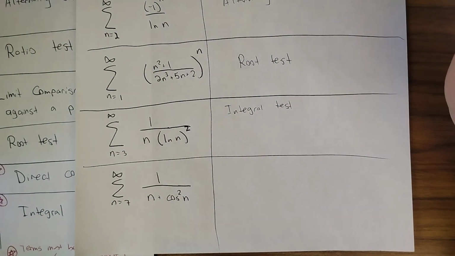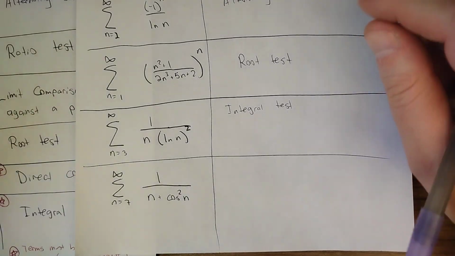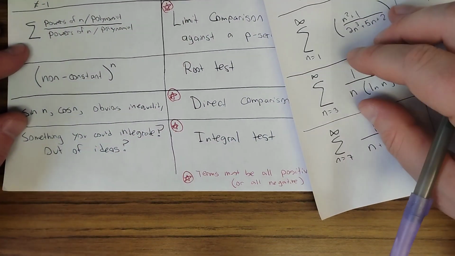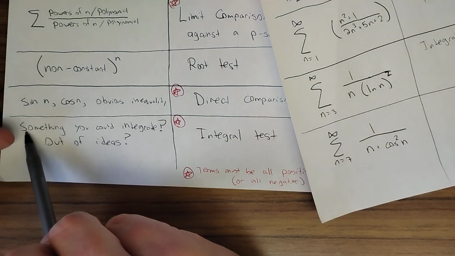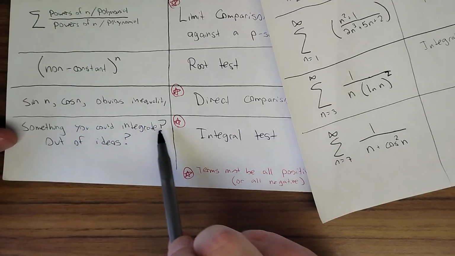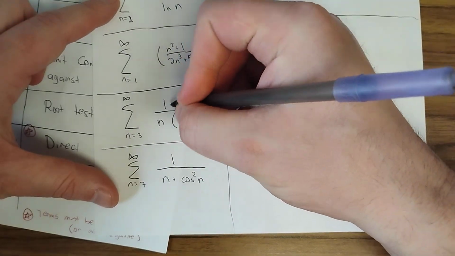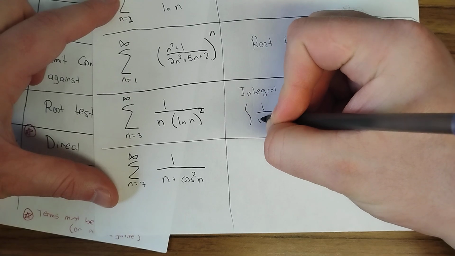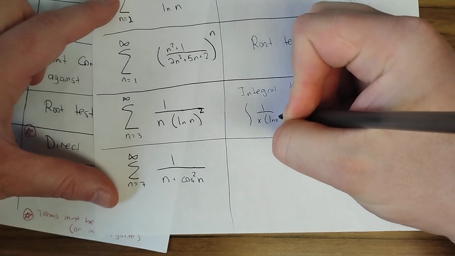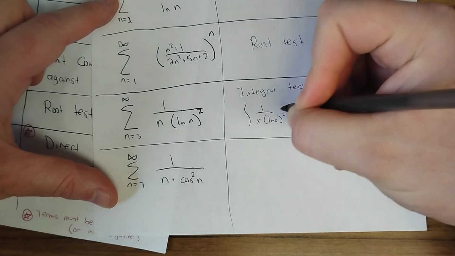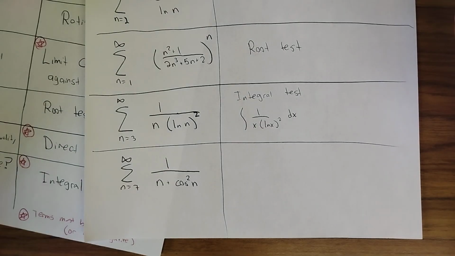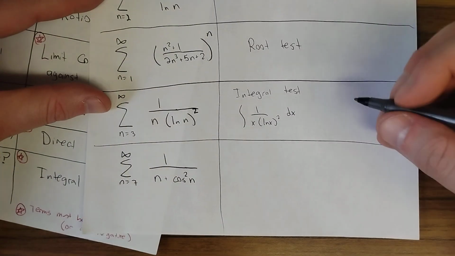And just let me say another quick word about that. When I was describing the integral test and I said this sort of vague comment, something you could integrate, here's what I mean. Imagine replacing the n's with x's. Could you do that antiderivative? If you could, then this is a good indicator that the integral test is a reasonable thing to do.